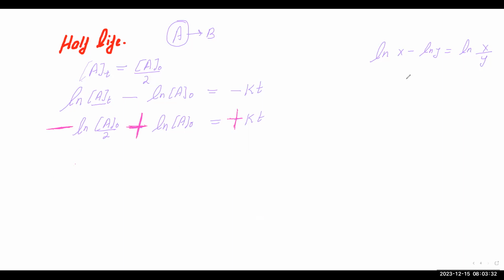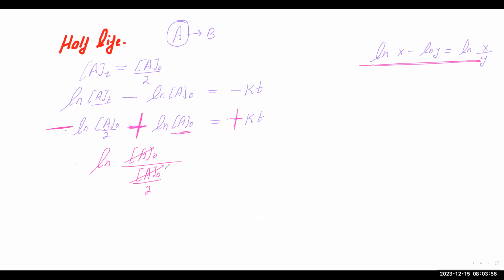Now, I can use this logarithm rule. This minus will go in the denominator and this will be in the numerator. So it is ln A naught divided by A naught over 2. Can I say that, children? See this one. A naught cancelled.